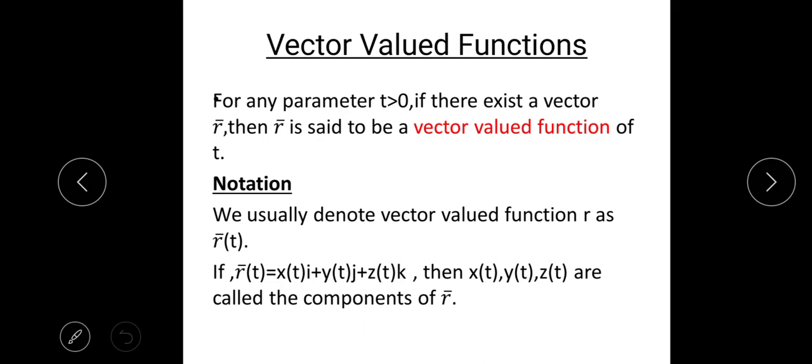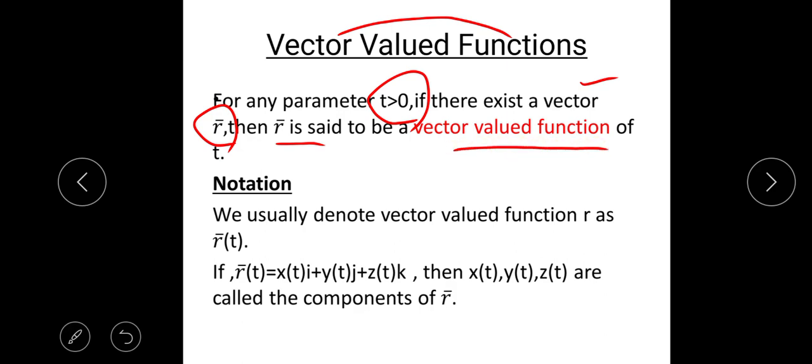Now we are moving on to vector valued functions. I hope you have already learned vectors in plus 1 or plus 2, but this is not a vector, it is a vector function. For any parameter t greater than 0, if there exists a vector denoted by r, you can see a bar symbol, it represents a vector, then r is said to be a vector valued function of t.